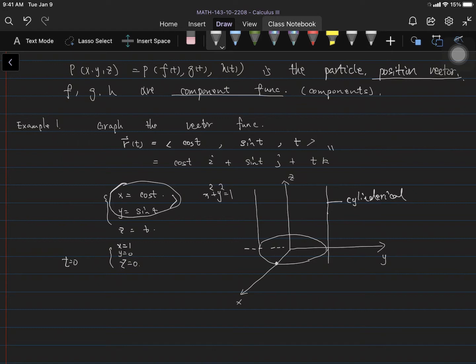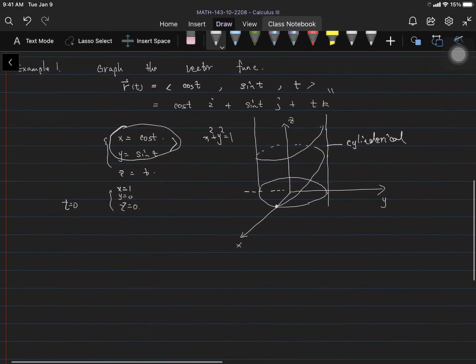So how does this particle move? It's going to move this way. When t goes up, it has to stay on the cylinder. So something like this gives us the path of this vector function.